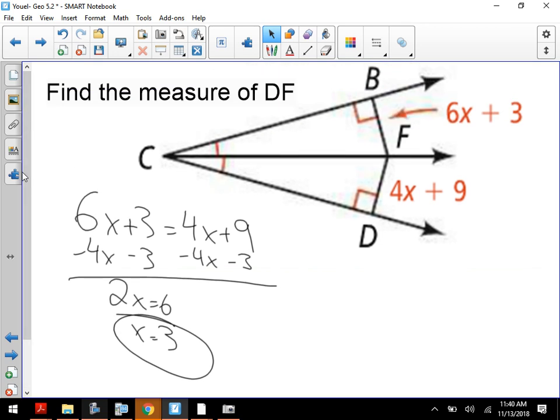But just like we've been saying all along in geometry, it's not just solve for x, it's solve for x and do something with it. Substitute back in, so we're trying to figure out DF. 4 times 3 is 12, add 9 and you get 21. Good. Now make sure you didn't screw it up, so what's 6 times 3? Add 3, you get 21. Yay.